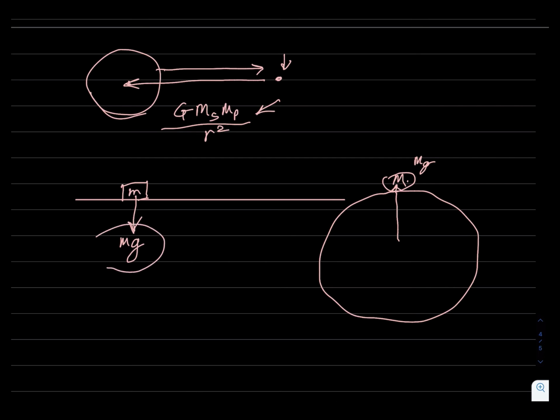The earth is pulling on the mass, and the mass is pulling the earth toward it with that same force, mg. Now, the mass of the earth is much bigger than our little mass, so it's not responding very much. But that is the equal and opposite force, and we know that it happens.